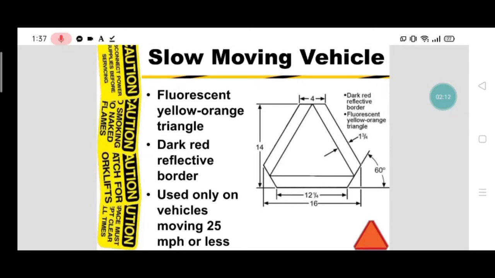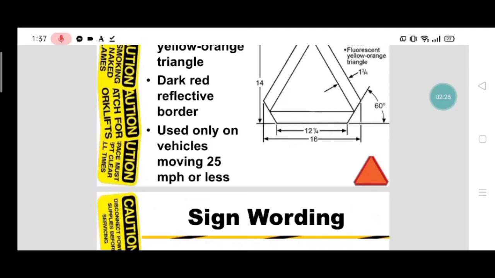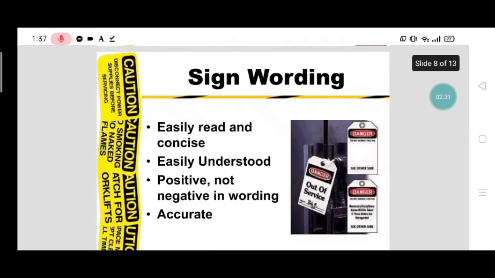So we have the slow moving vehicles sign: fluorescent yellow or orange triangle, dark red reflective border, used only on vehicles moving 25 mph or less. So we have the sign warning, the one that says danger. It is easily read and concise. So when you see this, you will really be able to read it.